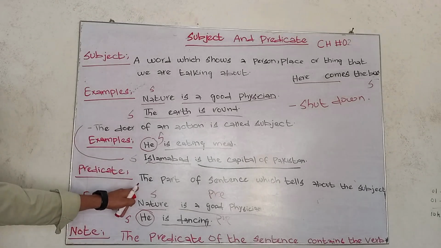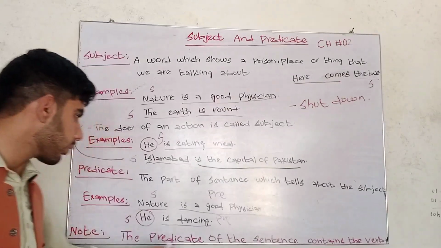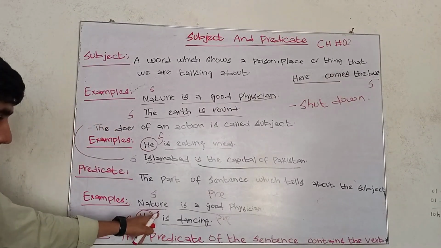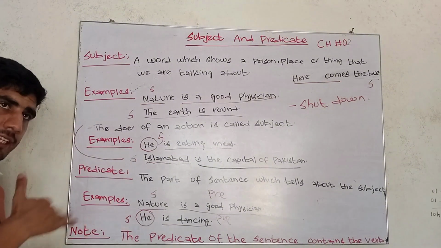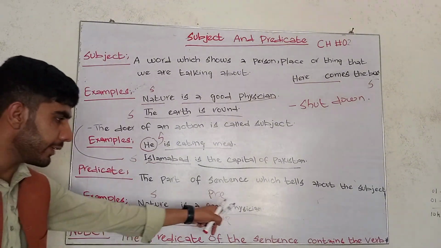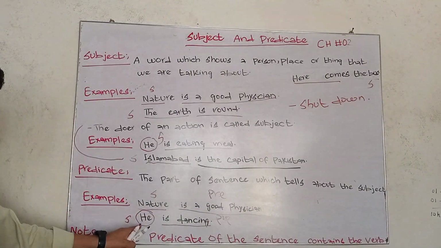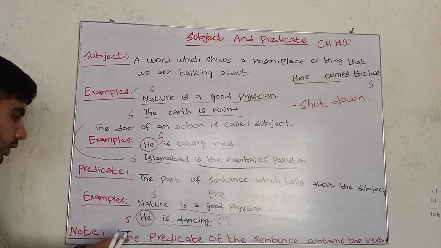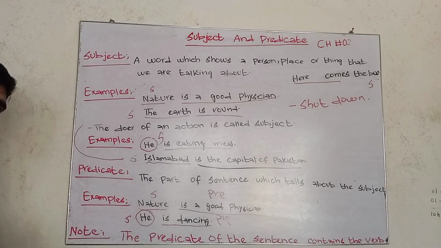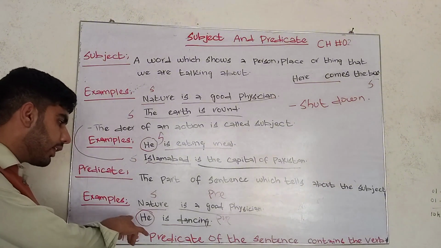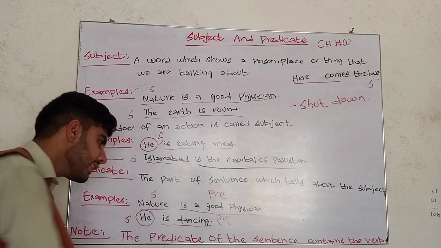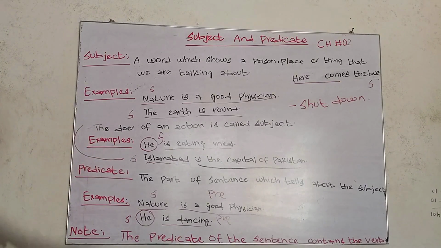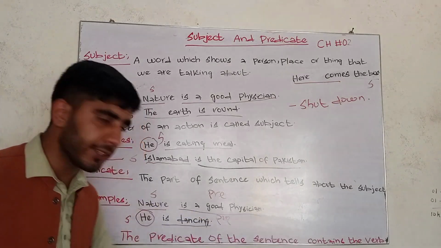So what is the predicate? The part of a sentence which tells about the subject. For example, nature is the subject; we are saying something about nature, so the remaining sentence is called a predicate. For example, he is dancing. We are saying something about "he," so "he" is the subject, and the remaining "is dancing" is the predicate. The predicate of the sentence contains the verb.